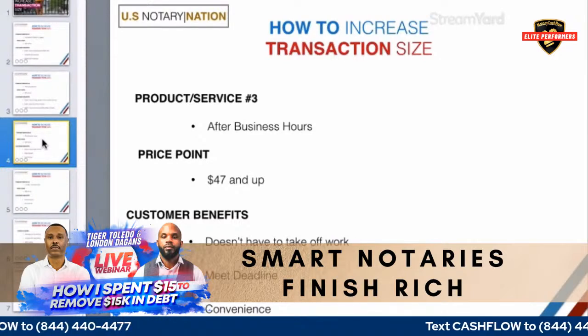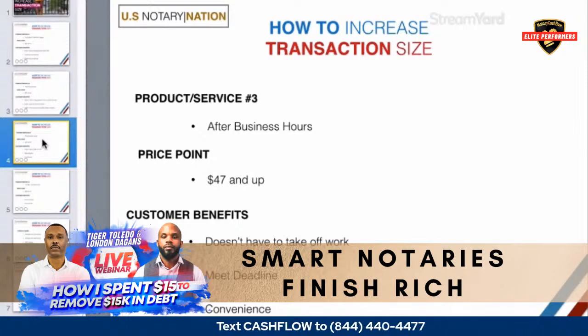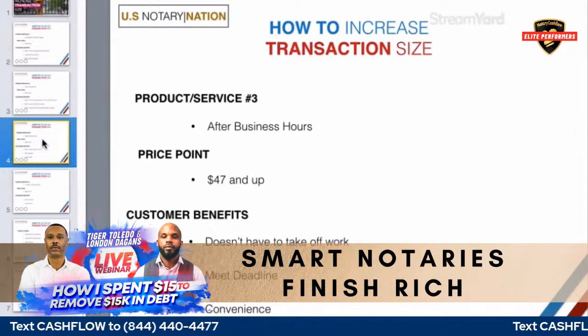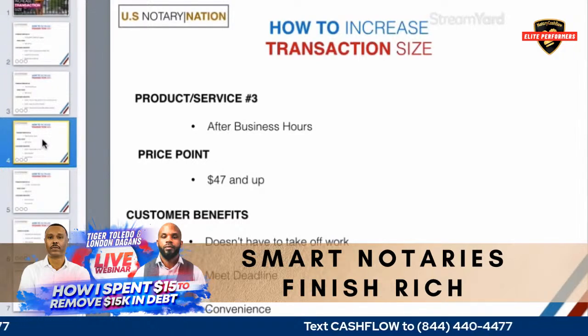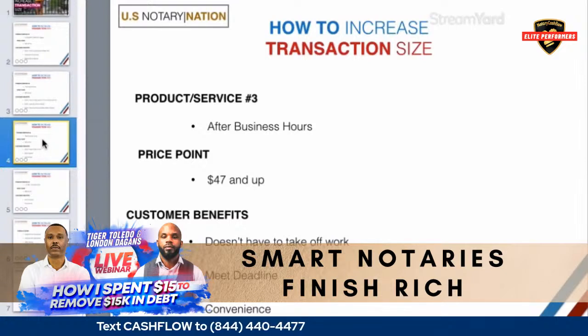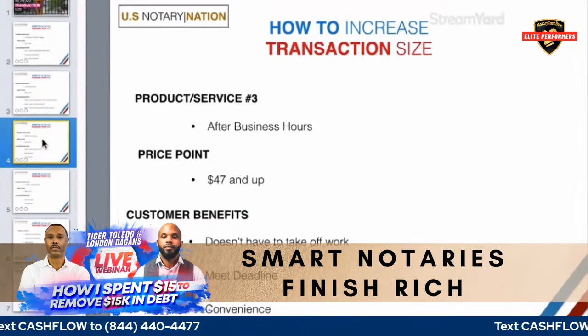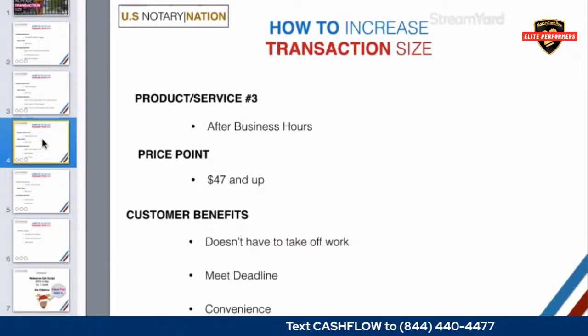And the benefit to the customer on that is convenience, right? Sometimes they may need to meet a deadline, so they have to get the documents notarized at that late time when everybody is off of work. And one of the biggest things is they don't need to take off work. So that's more money for them.